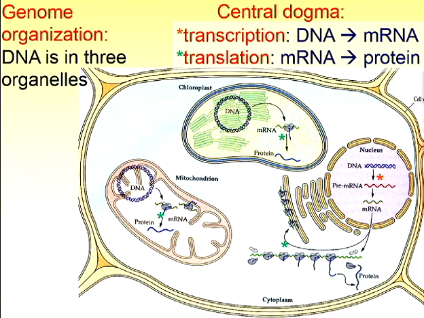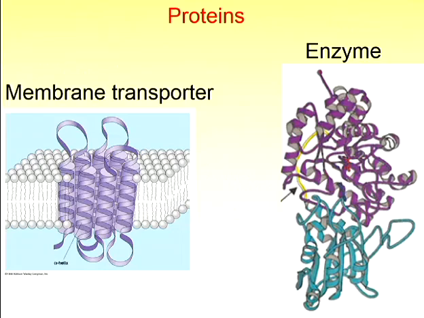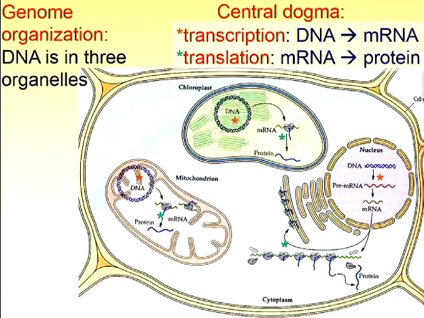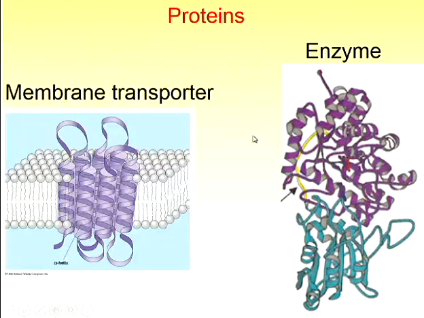So where the DNA is transcribed is shown with red stars, and where the translation happens is shown with green stars. So then you get the proteins. They're made on the ribosomes, and the proteins are the actual workers in the cell that make things happen. They are the busybodies.